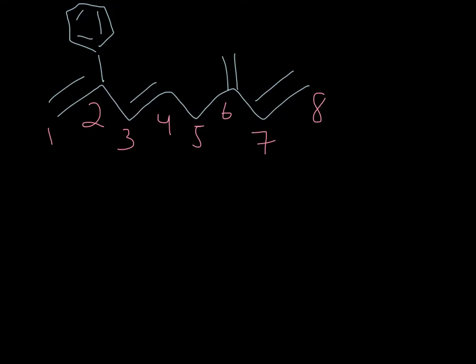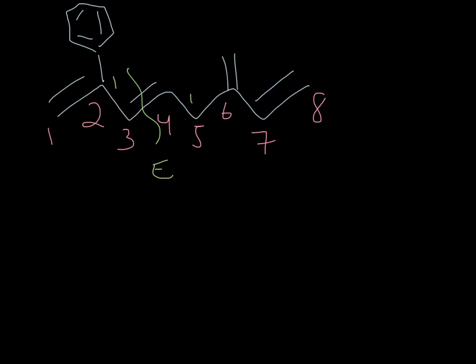The 2 terminal double bonds can't have E or Z conformations or stereochemistry because they both have H's on the ends there, but that one between 3 and 4 can, and my carbon groups are opposite on that side. So I've got 1 and 1 opposite, so that would be the E conformation. So that will go out first.